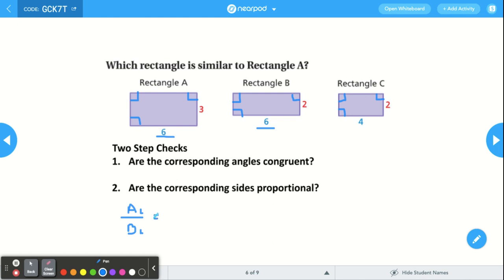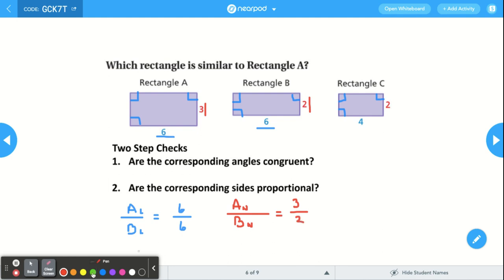So let's see, we have 6 to 6. So 6 compared to 6. And then when I compare the widths of rectangle A and rectangle B, A width, B width, it looks like I have 3 comparing to 2.